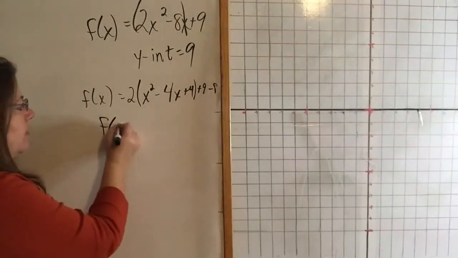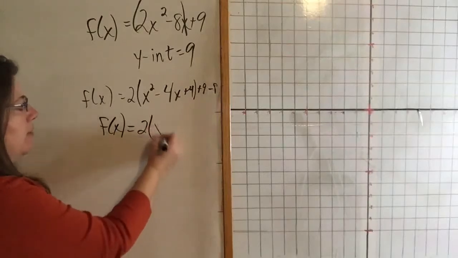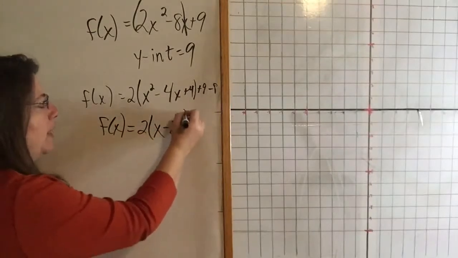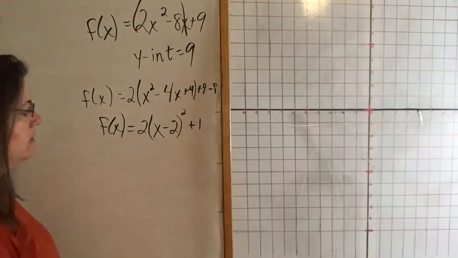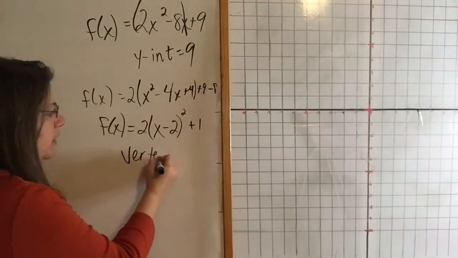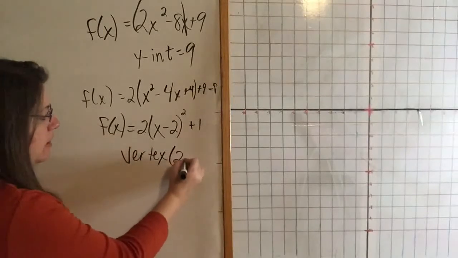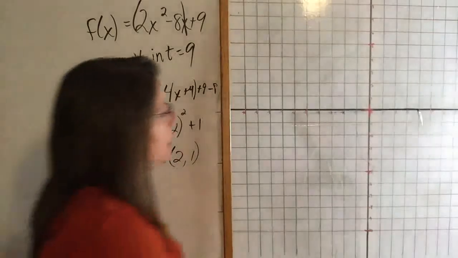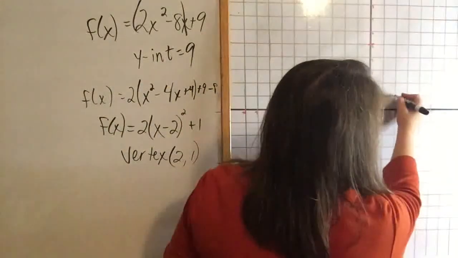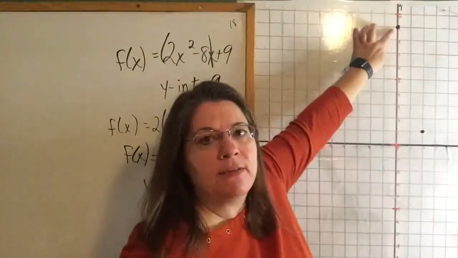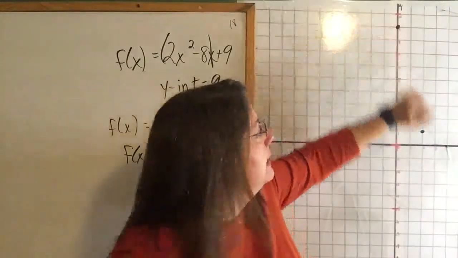So I've got f of x equals 2 times x minus 2 squared plus 1. So that means my vertex for this one is 2, 1. So my vertex is over here at 2, 1. I know my y-intercept is here at 0, 9.